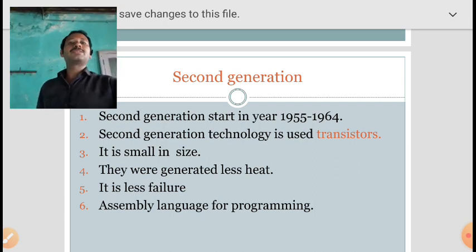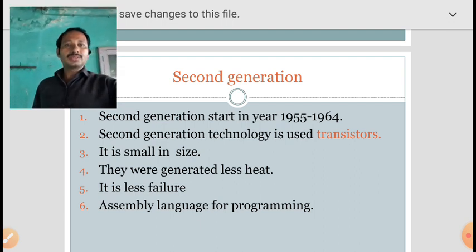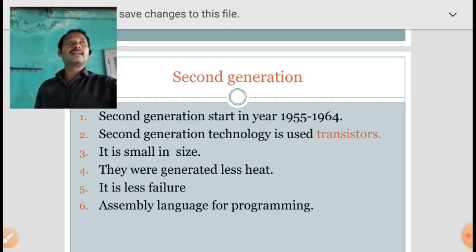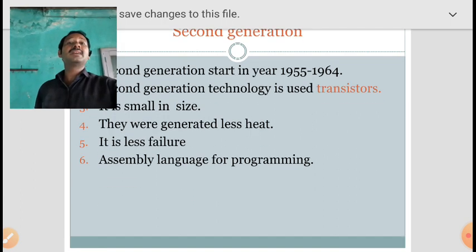And assembly language was used for programming. In this second generation we can use assembly programming language, written as text, because the first generation is machine level, where code is written only in 0 and 1. The second generation uses text, and the code is written as text in a readable format.